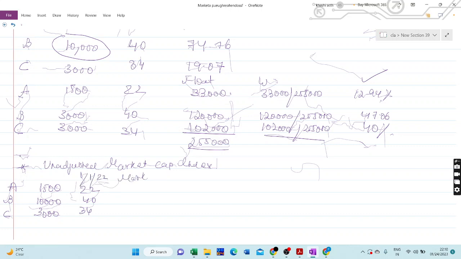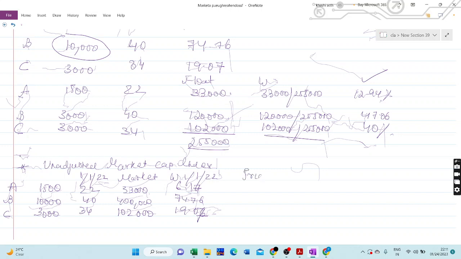Market cap we've already calculated: 33,000, 400,000, 1 lakh 2,000. Weight as on 1st January 2022 was 6.17, 74.76, 19.06, 19.07. Okay.